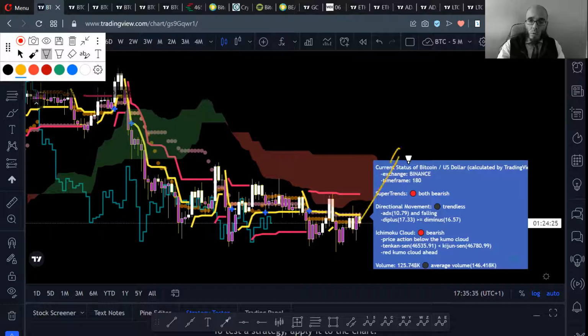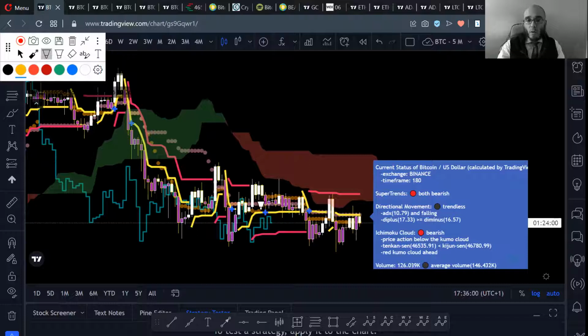I need to break through the cloud and turn the super trend bullish and turn Ichimoku bullish. If that happens and the lagging span manages to get at least through the price, then I could think of taking a long position. But until that happens, I cannot.